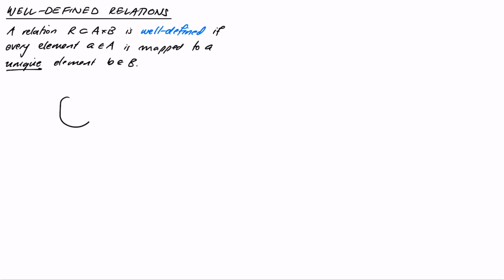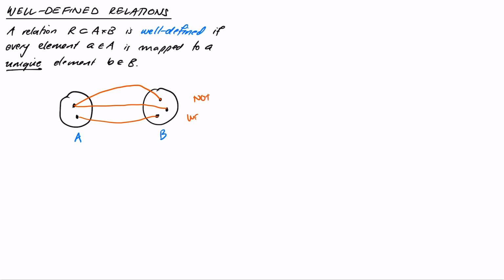So here is an example of something that is not well-defined. If this is my set A again, and this is B, and if it, for example, looked like this, that would not be well-defined because I've got two different assignments in B to this top point just here. So this one is not well-defined.